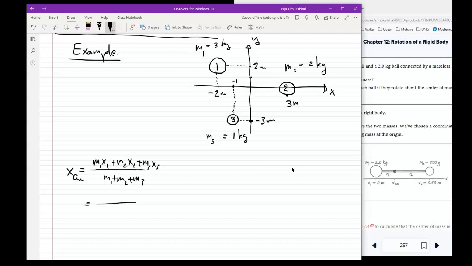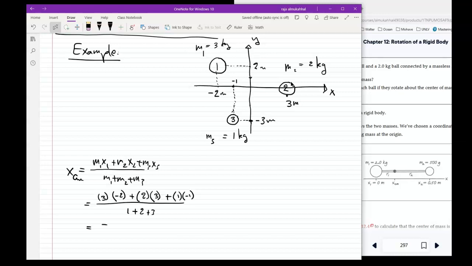So then we can just put in all the numbers. Start with m1, and that's going to be 3. What is x1? Negative 2, right? Plus m2, which is 2, times x sub 2, which is 3. Is that right? X sub 2 is right here, right? Plus M3 is 1 kilogram times x3 is equal to negative 1, divided by the total mass 1 plus 2 plus 3.